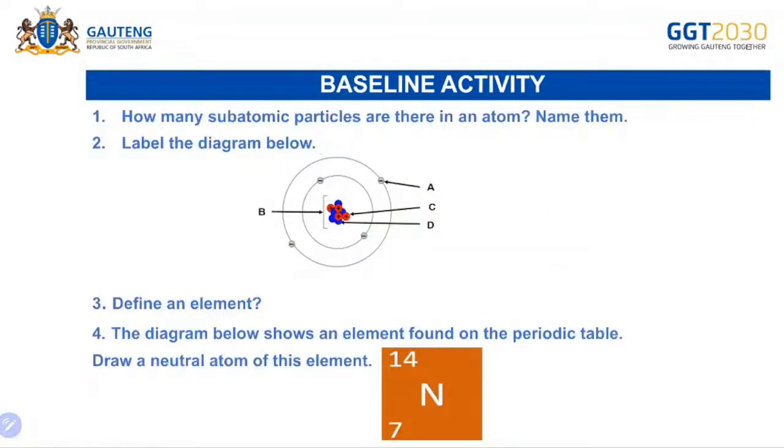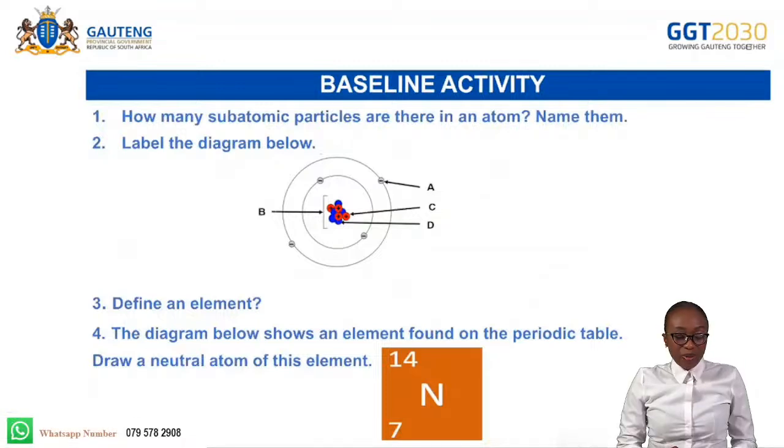Let's move on to today's baseline activity. I'm going to read out the questions, then give you time to answer them. Then we will do the corrections together. Question number 1: How many subatomic particles are there in an atom? Name them. Question 2: Label the diagram below.